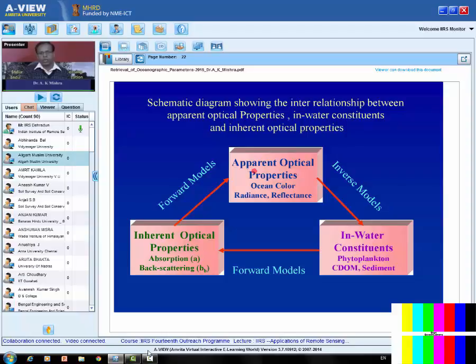You have to model the reflectance to the absorption and backscattering characteristics, then invert the model to find out the in-water constituents or water quality parameters.